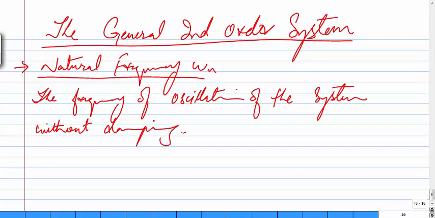If we remove all the damping from the system and let the system oscillate, that frequency is known as the natural frequency.